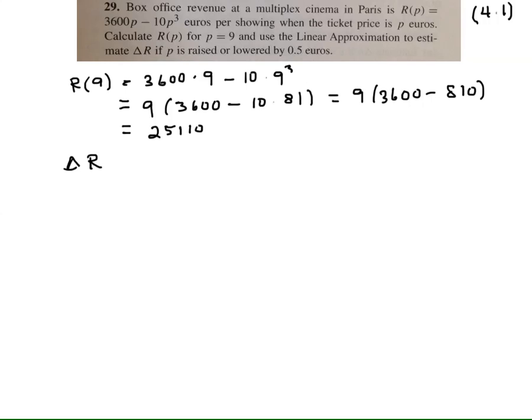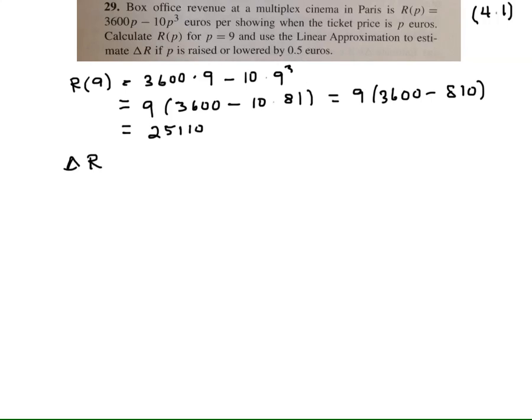We can use the formula, but really this all comes from saying, well, we're going to take the line that's tangent to the graph of R when p is equal to 9 and say that this function R is approximately equal to that line near the point of tangency, which is 9.